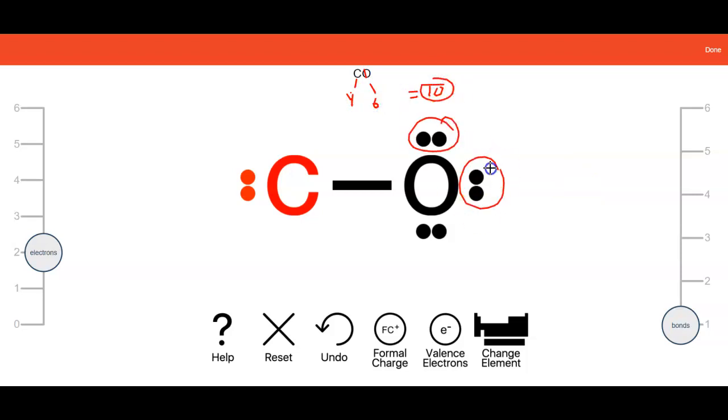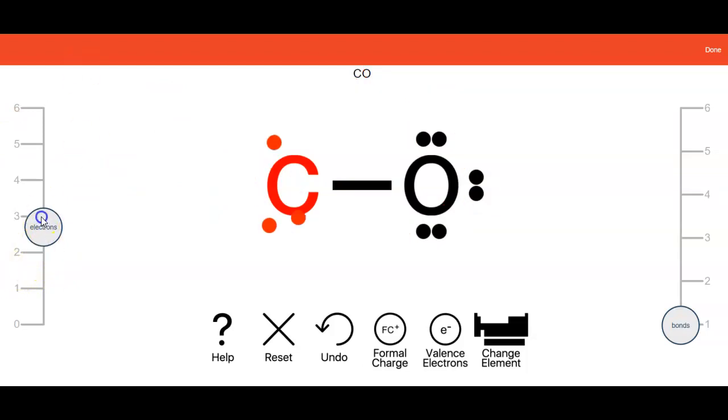So we have 2, 4, 6, 8, 10 right now. I can't do that because that's more than 10. All I can do is have 10.